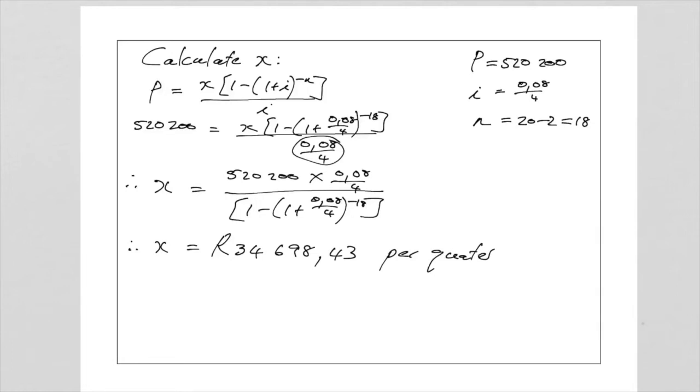Please take note, it's not per month. So that is the payment to pay back this loan, starting 9 months after the loan was granted, within a time frame of 5 years. So we're going to make 18 quarterly payments of 34,698 Rand and 43 cents.